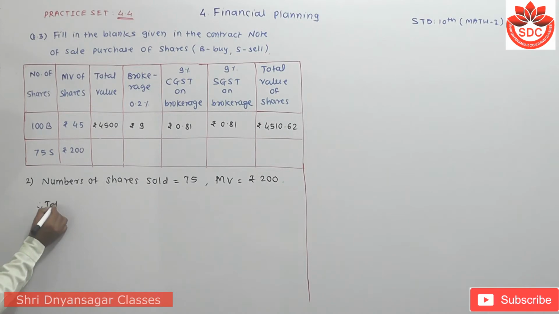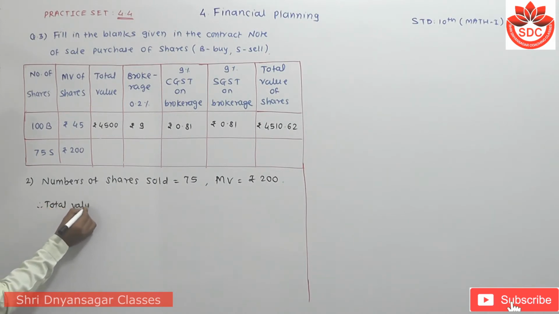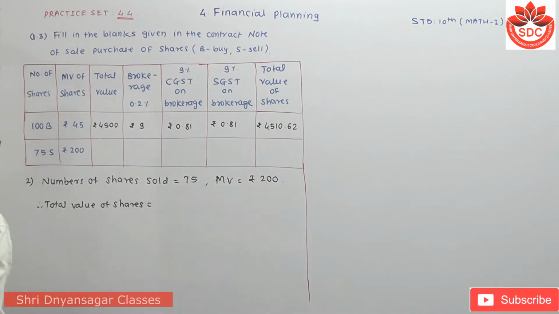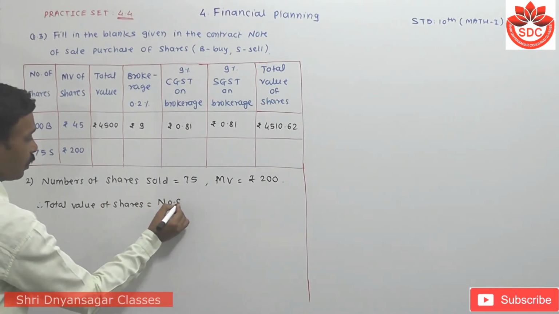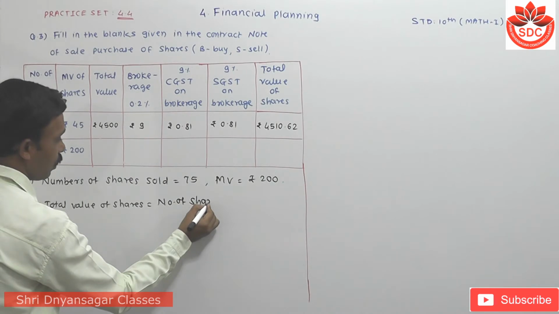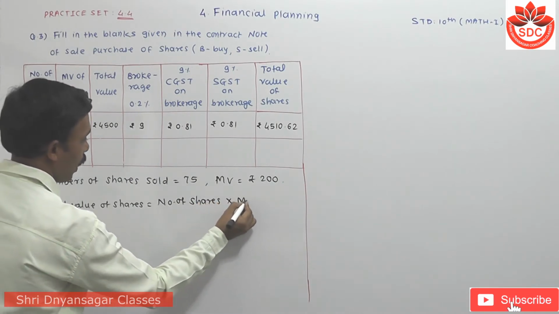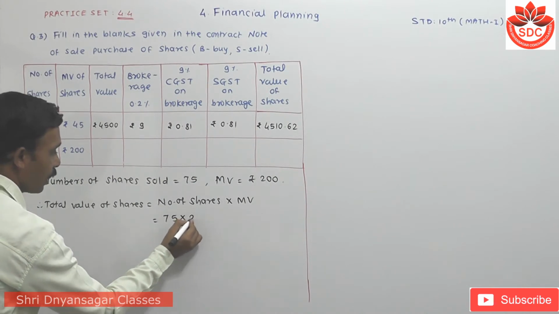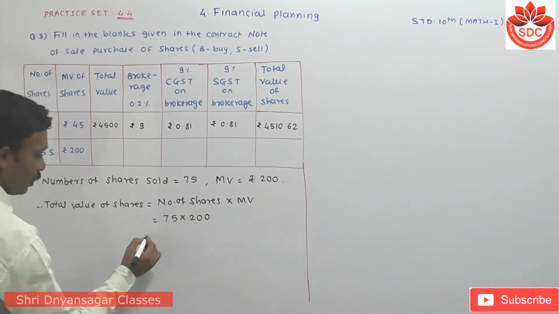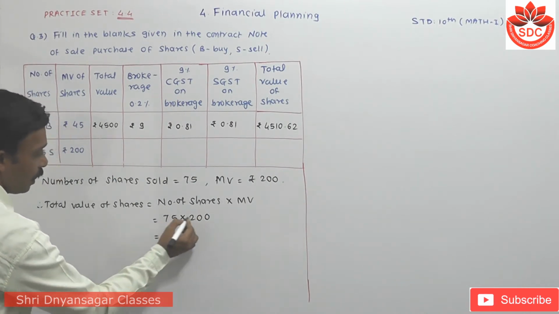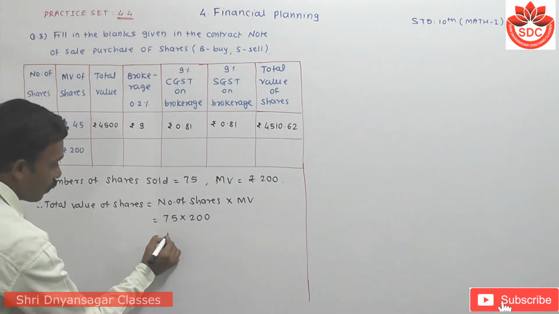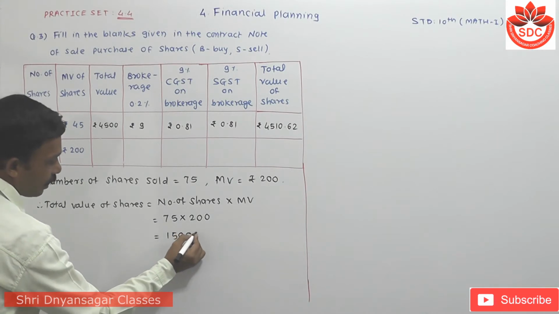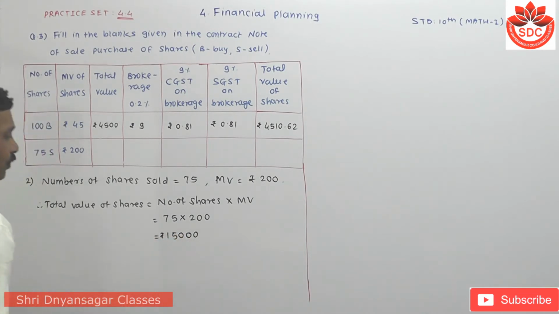Therefore, total value of shares is equal to number of shares into market value. Number of shares is 75 into market value 200 rupees. The product of 200 into 75 is 150, and the 0 as it is, meaning 15,000.